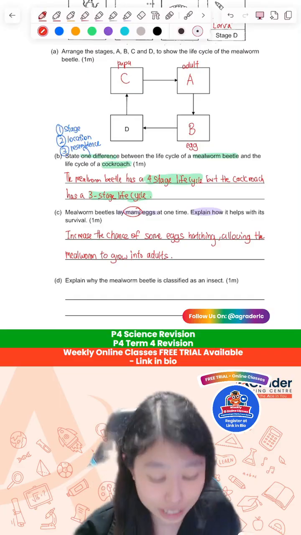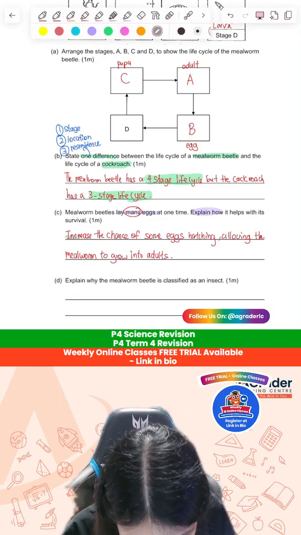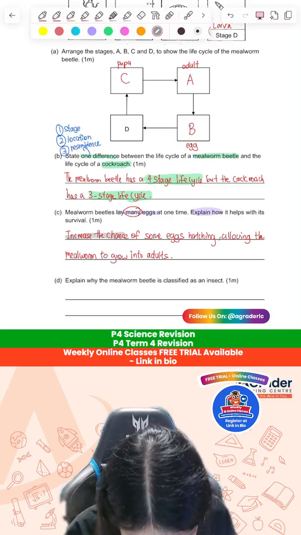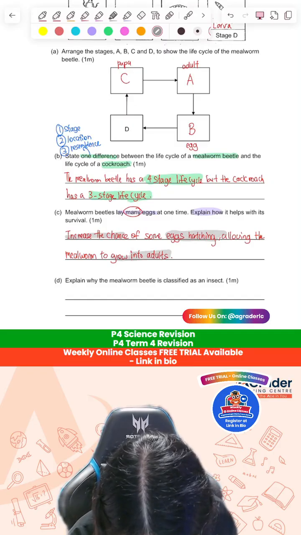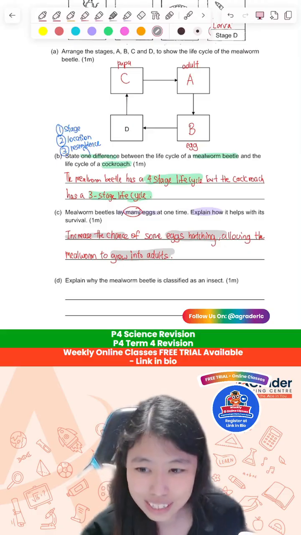I'm going to highlight the key thing that you need to say: increase the chance of the eggs hatching, so they can grow into adults.